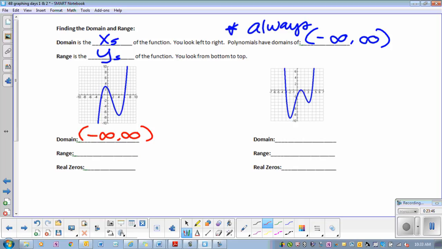Now, let's talk about the range. I know there aren't arrows here, but there are supposed to be arrows. With the range, you're basically looking for arrows. If you see an arrow going down, it's going down to negative infinity. If you see an arrow going up, it's going up to positive infinity. So, this one, you have an arrow going down. Where's it going? Negative infinity. And then now, I'm going up. You see how it overlaps here?